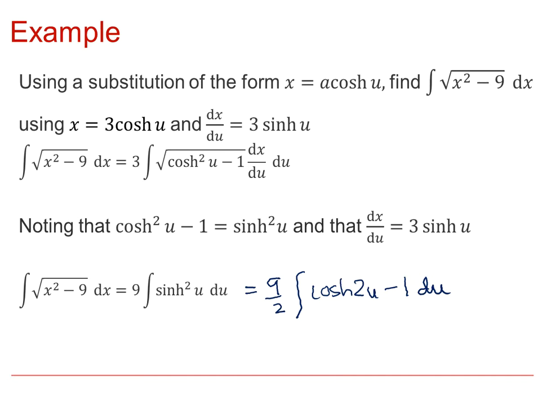And we know how to integrate that to give us 9 over 2, a half, because it's cosh 2u, sinh 2u, and then the minus 1 integrates to just being minus u, and not forgetting the constant of integration.